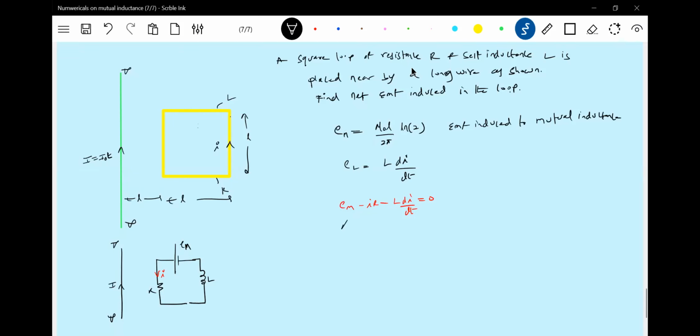Let me just write a comment. This is due to mutual inductance between wire and loop. This is only due to self-inductance of the loop.